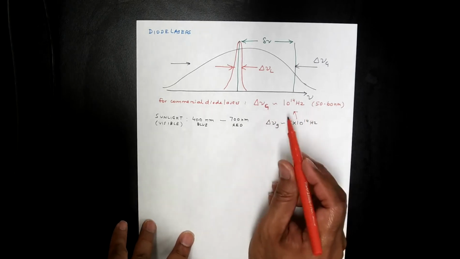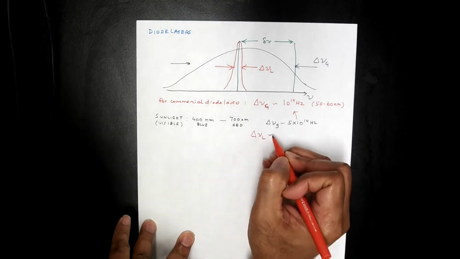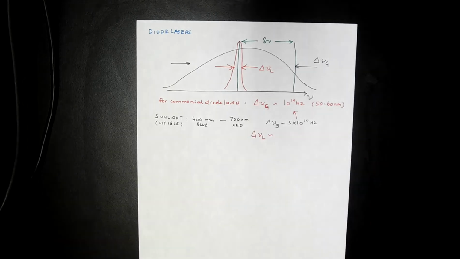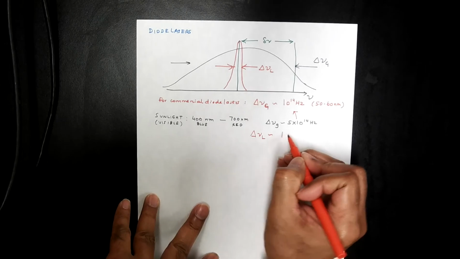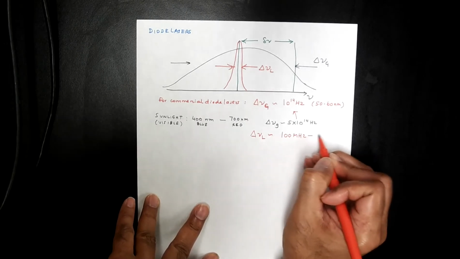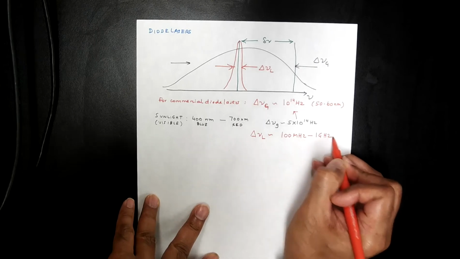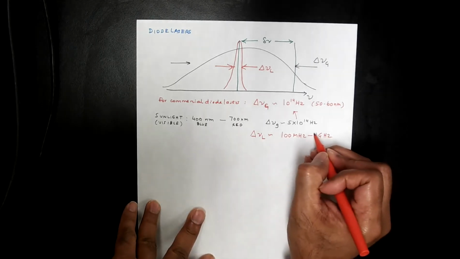And the delta nu L tends to be on the order of, so this is the laser that you've been using so far, anywhere from about 100 megahertz out to gigahertz. Even 10 gigahertz, it can even be 10 gigahertz.